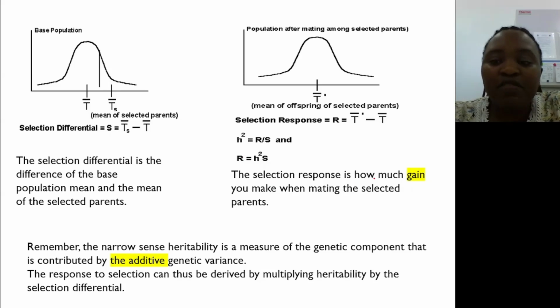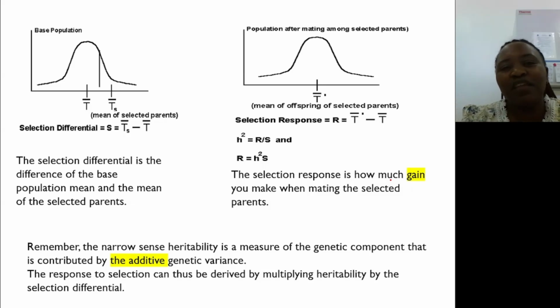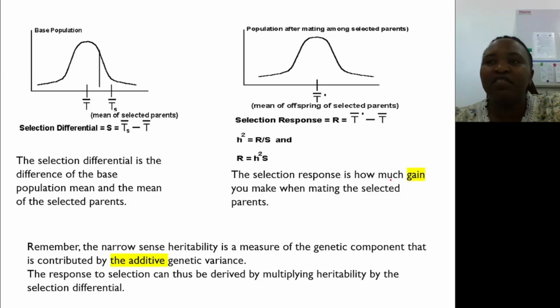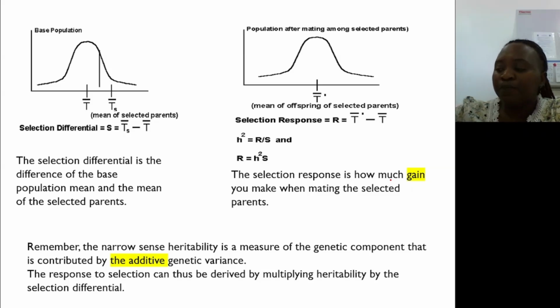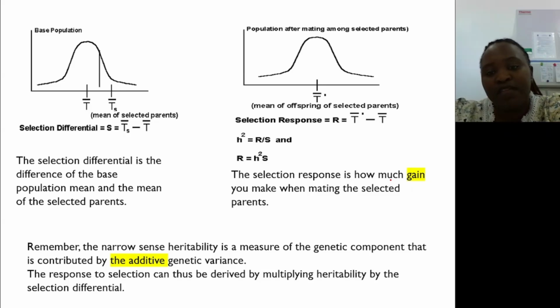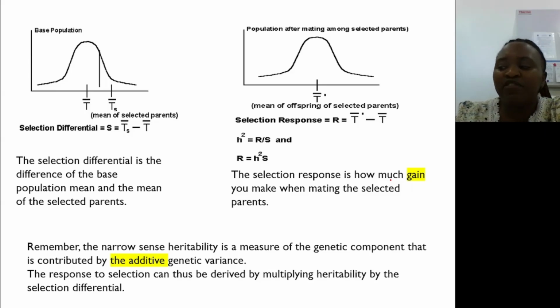The selection response is how much gain you make, because when you're doing selection you must be gaining. You don't just select, you select the best within the population, so that you look at, if I mate these best parents, what kind of gains do I get in the new offspring. So it's a gain. Of course, if you lose, then it means there might be other factors.